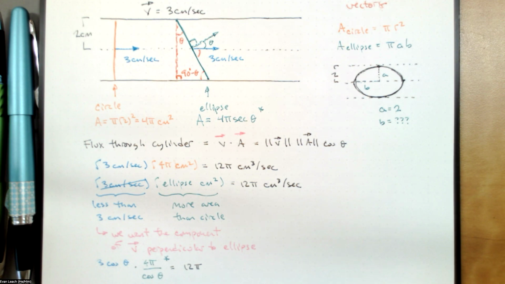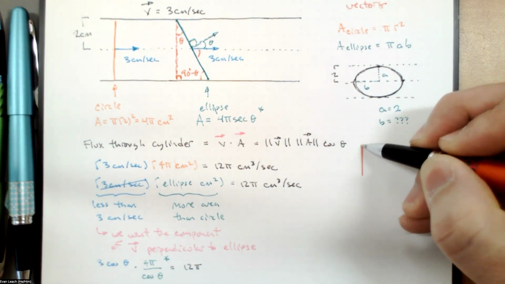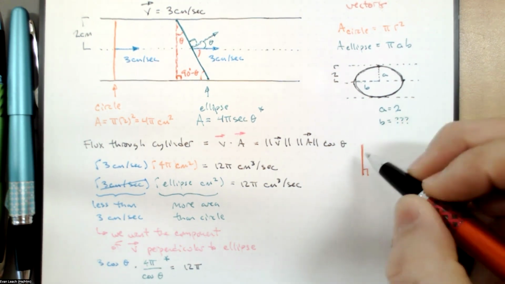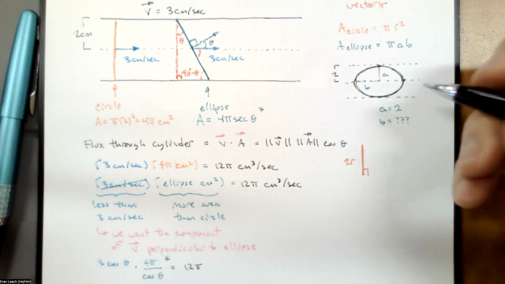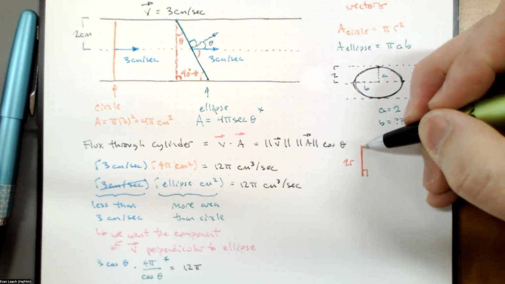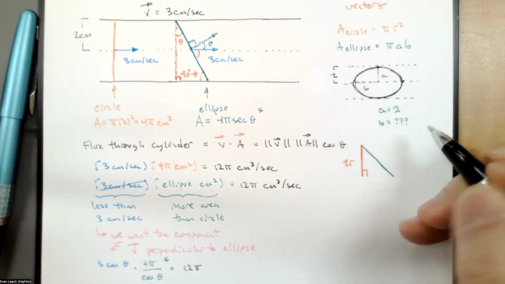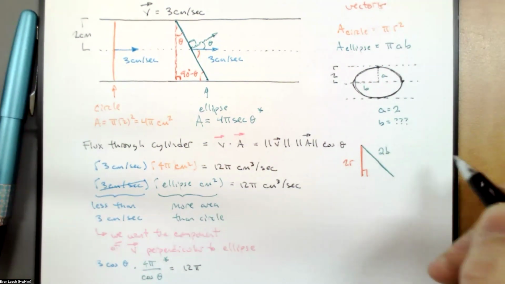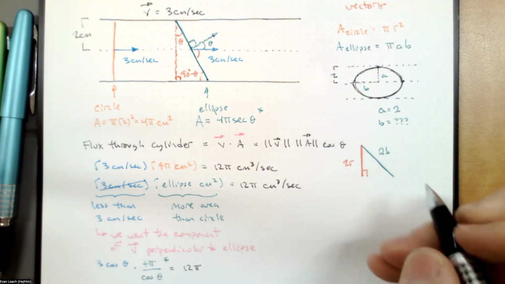Now, if I grab that right triangle with the red vertical and the ellipse as the hypotenuse, this vertical is going to be 2r. My ellipse is going to slide down this way as 2b.